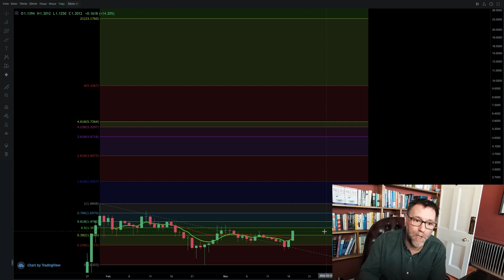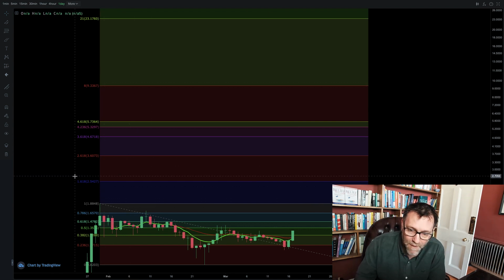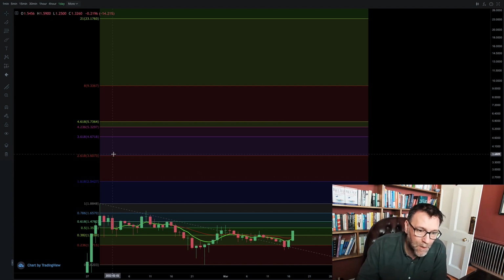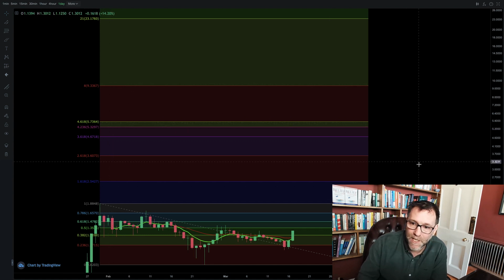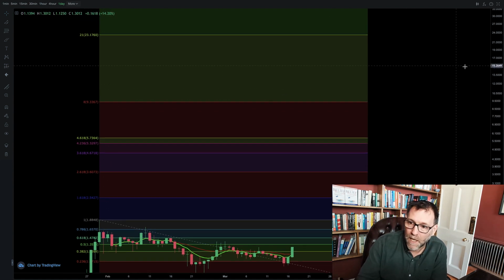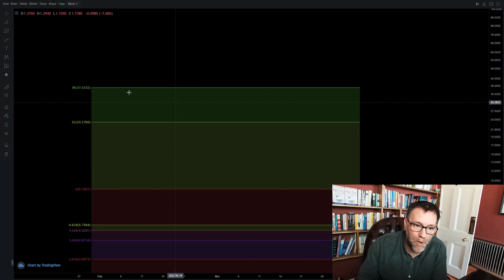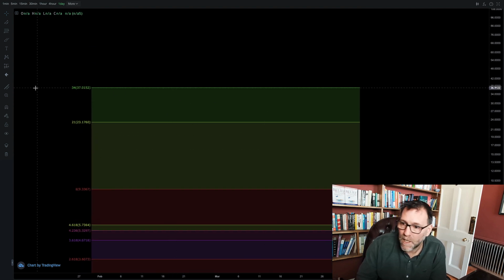So where could Aleph Zero go from here? When we're talking levels, this is what I've previously done with the Fibonacci extension: $2.54, $3.60, $4.67, $5.73, $9.33. And we're going to come down to the full 34, and we're going to see $36.91.